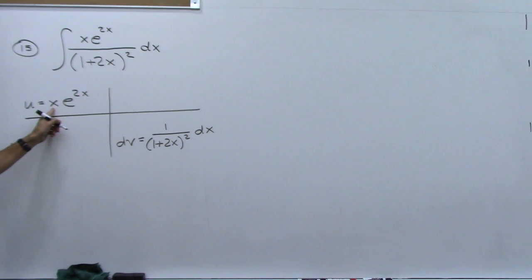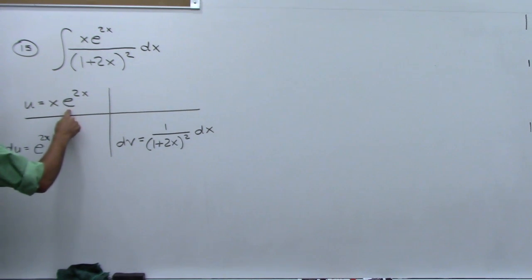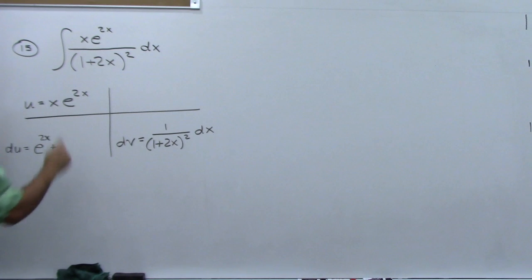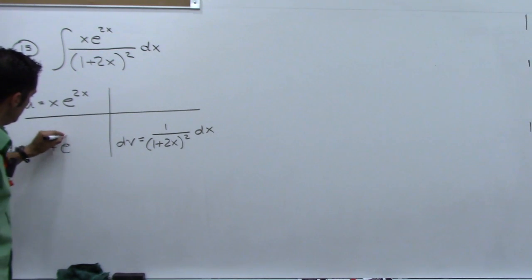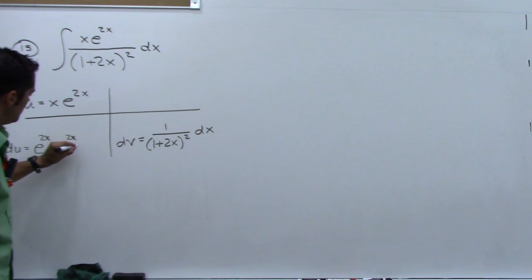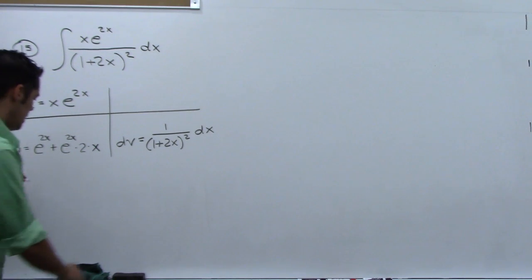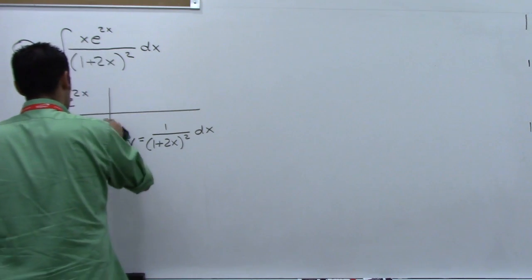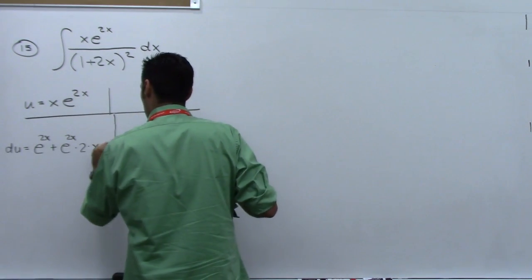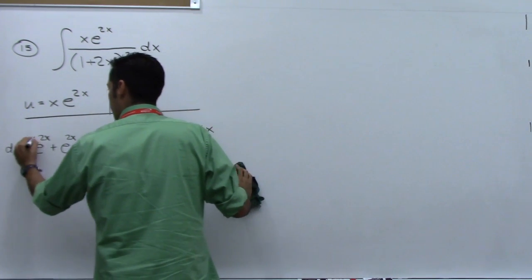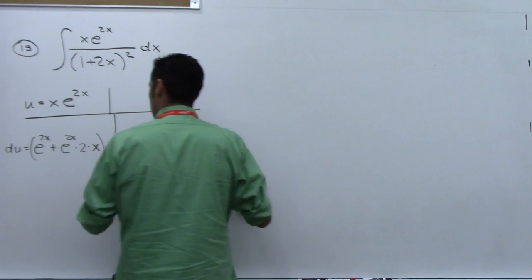So derivative of the first one, 1 times the second, plus the derivative of the second one, which is itself, times the derivative of what's up here, which is 2, times the first one. So e to the 2x times the 2 times the x, and all of that dx.